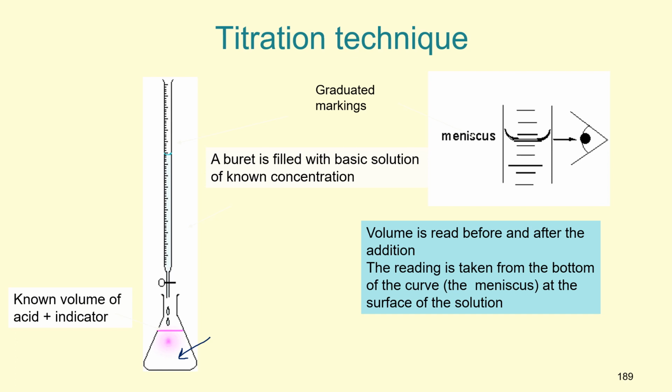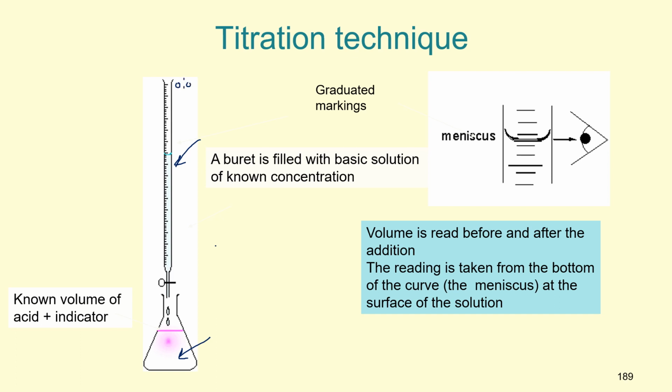Then we have the burette filled with a basic solution of known concentration, and we titrate. When the color changes, we know we're exactly at our endpoint, and that moles of acid equal moles of base. With a burette, you read downward.